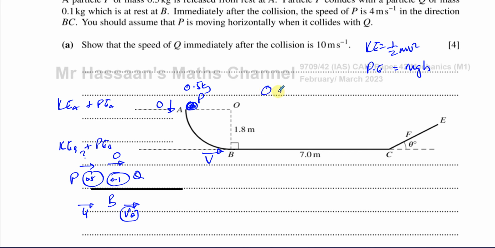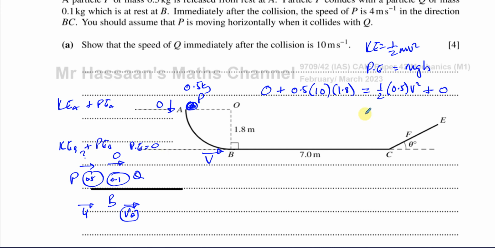So we have 0 plus its potential energy, which is its mass 0.5 times g, which we're going to call 10 because we're in Cambridge here, times h, which is 1.8. That's mgh, the potential energy. That must equal the kinetic energy plus potential energy at B. So we have a half times the mass 0.5 times v squared, which is what we have to find, plus 0, because we're taking potential energy to be 0 at this level. Therefore the mgh will be 0.